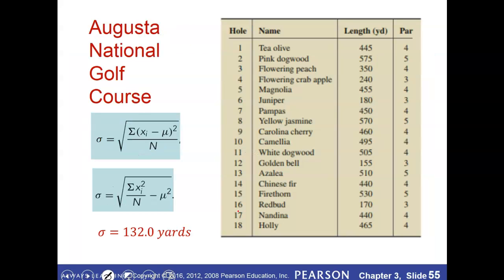We could find the standard deviation of the holes at Augusta, and it would be 132 yards. That means the average golf hole at Augusta National is 132 yards away from the average, which was 413.3 yards.